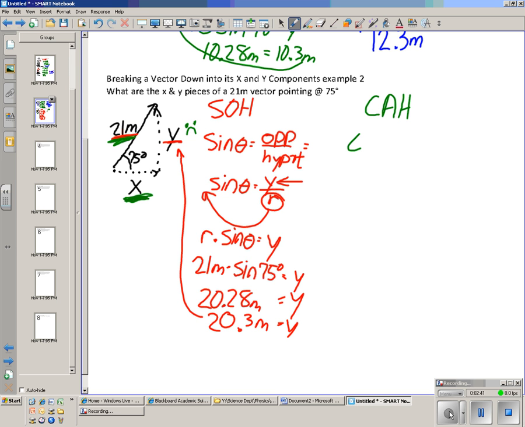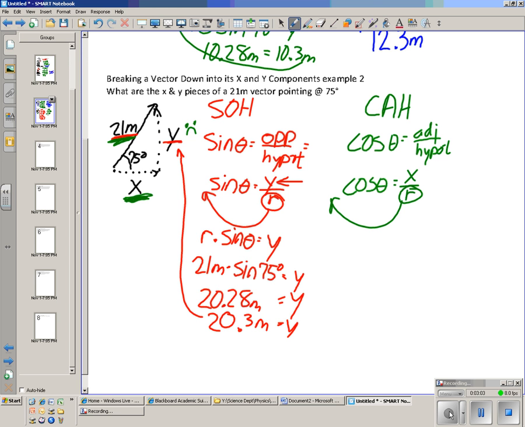Okay, that means cosine of theta equals the adjacent over the hypotenuse, or using our physics terminology, cosine of theta is x divided by r.